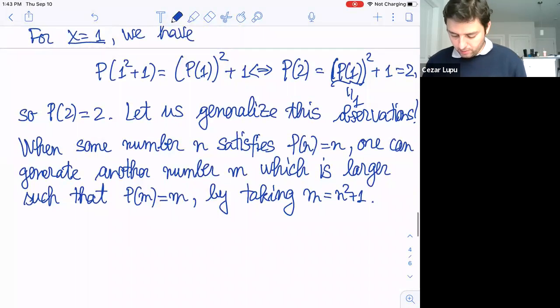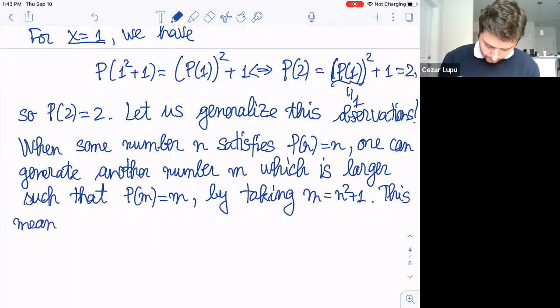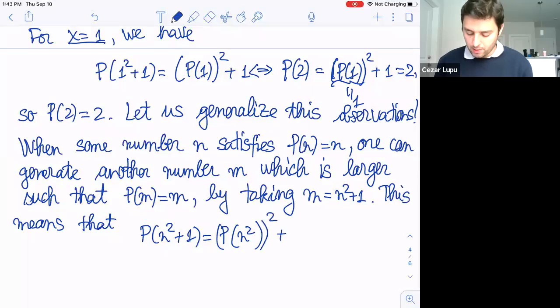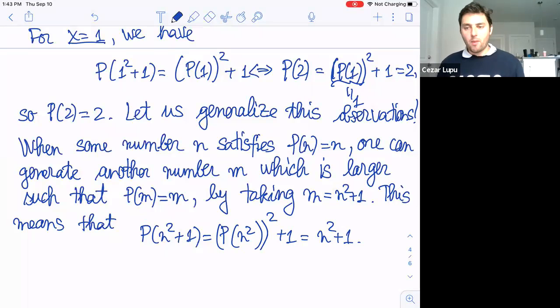In this case, this means that P of n squared plus 1 is P of n squared, everything squared, plus 1, but this is n squared plus 1. So as you can see, for numbers of this form, n squared plus 1, P of x is x, right?